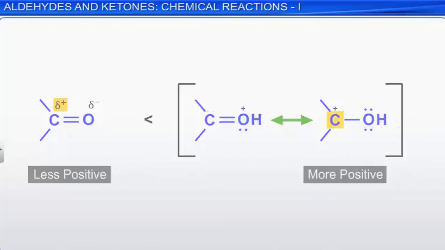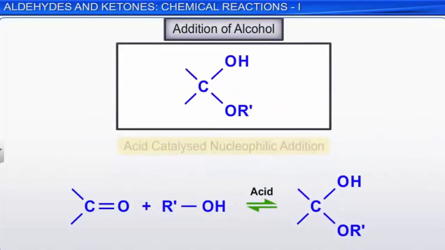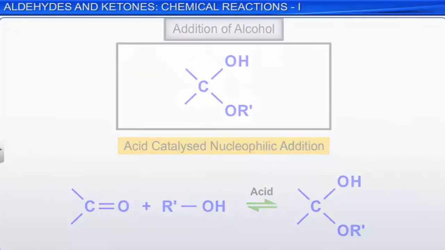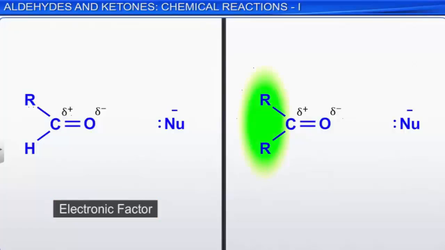The addition of alcohol to the carbonyl group is an example of acid-catalyzed nucleophilic addition. The reactivity of the carbonyl group towards nucleophilic addition depends mainly upon the magnitude of the positive charge on the carbonyl carbon, that is, the electronic factor, and the extent of crowding around the carbonyl carbon atom in the transition state, that is, the steric factor.